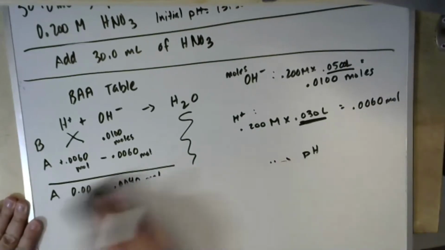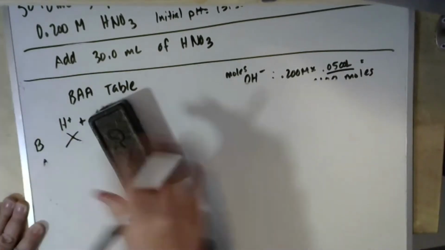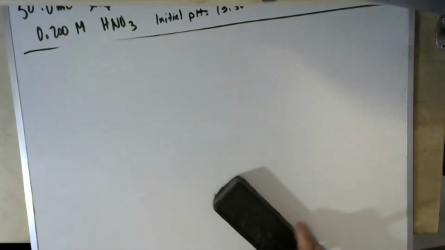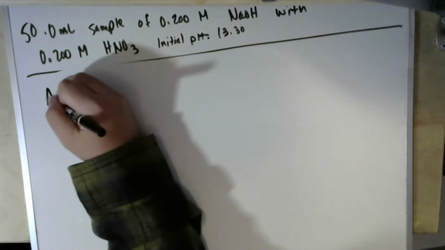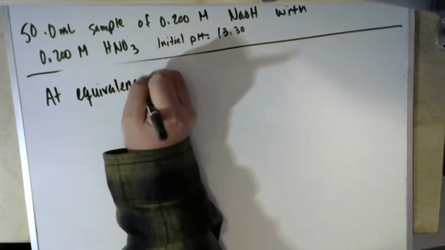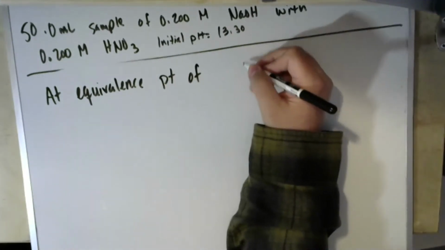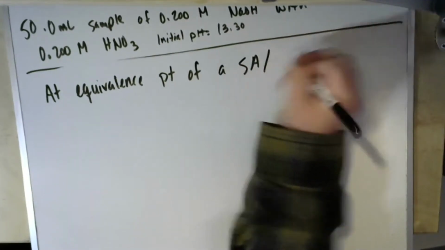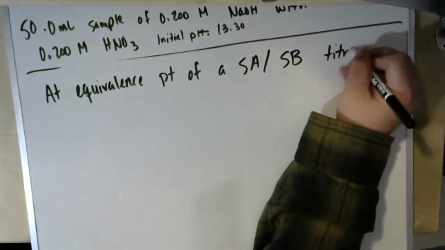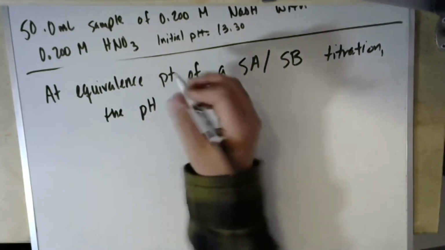The second part of this question asks us to find the pH at the equivalence point. Now this type of question is not even worth a calculation, because at equivalence, when you're working with a strong acid and a strong base titration, the pH is always going to be 7.